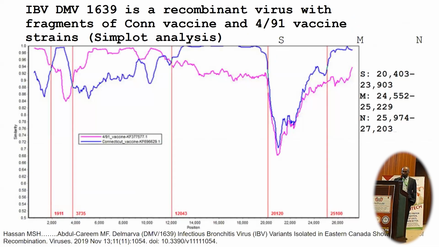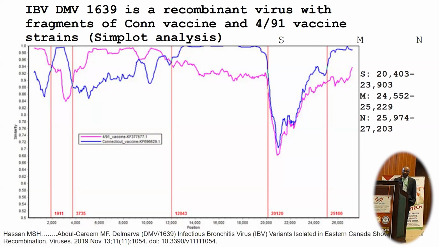This is another, simpler way of showing it. You can see that the genome from around 12,000 base pairs to 20,000 is almost 100% matching to the Connecticut vaccine strain. Between 4,000 and 12,000, it's almost similar to the 491 vaccine.